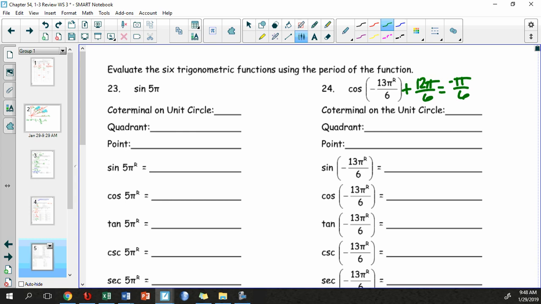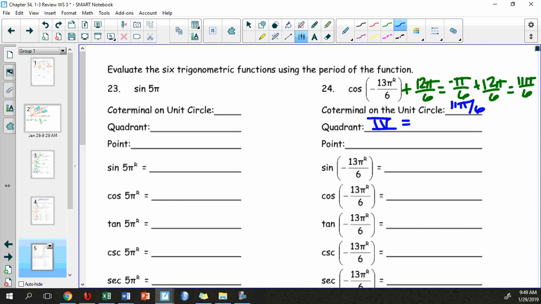It's negative, so it's not on my unit circle yet. So I need to do it again, which gives you 11 pi over 6. Is 11 pi over 6 on my unit circle? It sure is. So 11 pi over 6 is the angle that I'm thinking about. And that is in what quadrant? That is in quadrant 4.